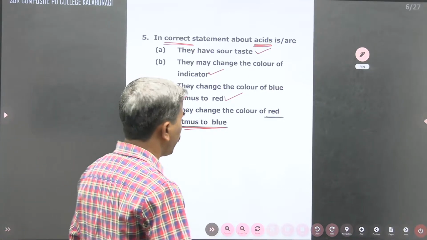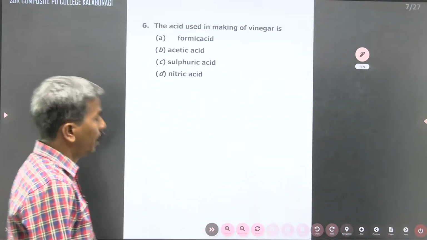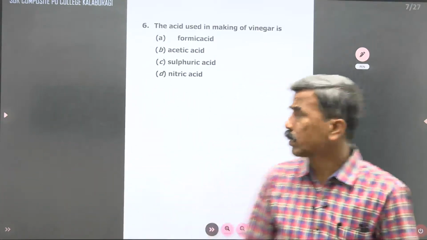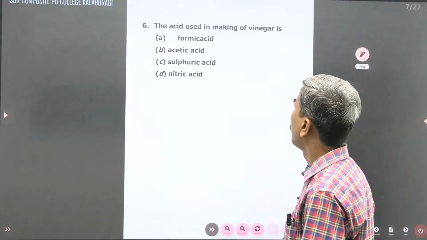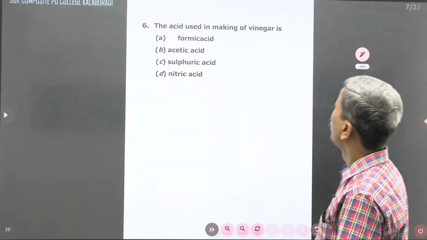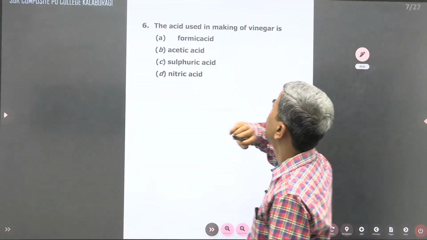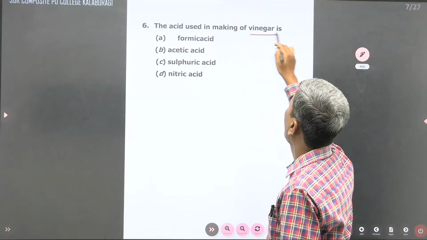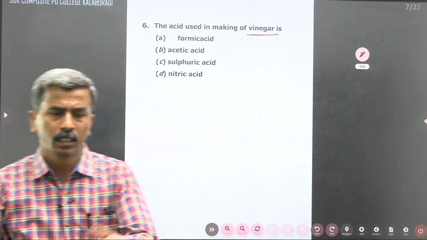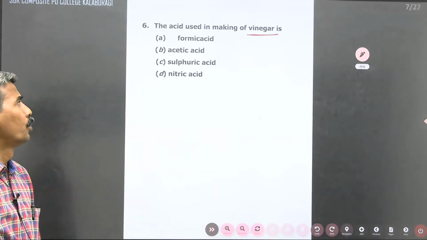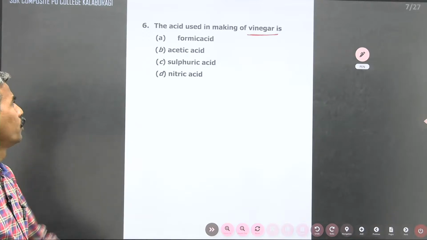Now moving to the next question. Sixth question. It is not that difficult. I already mentioned it during the discussion of acids. They are asking about the acid used in making vinegar. Vinegar is used in the preparation of food items.